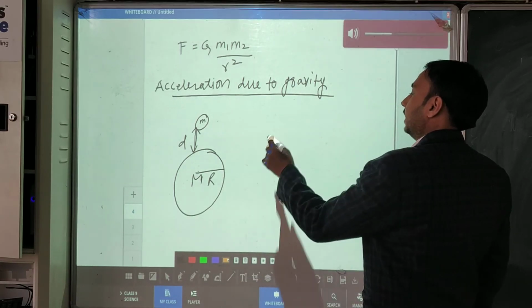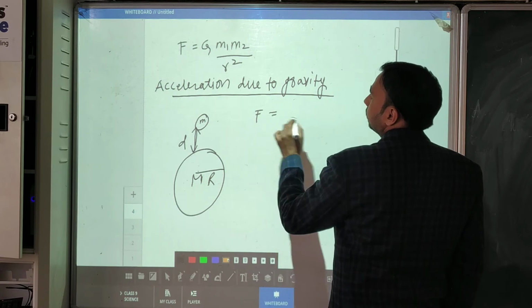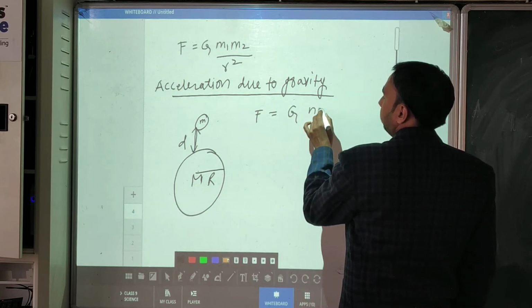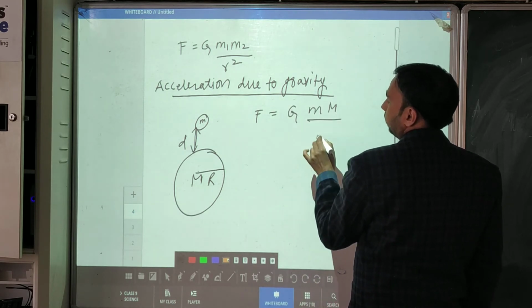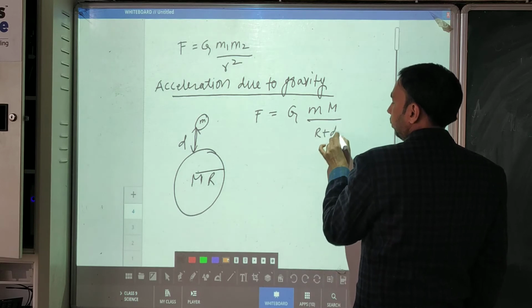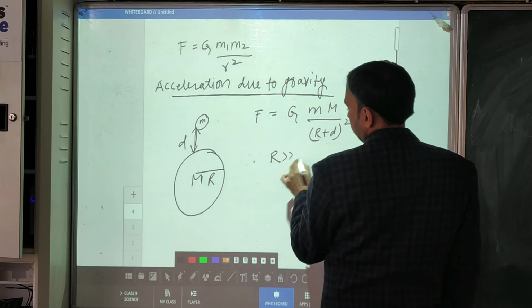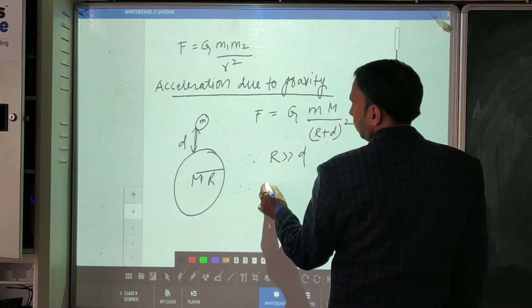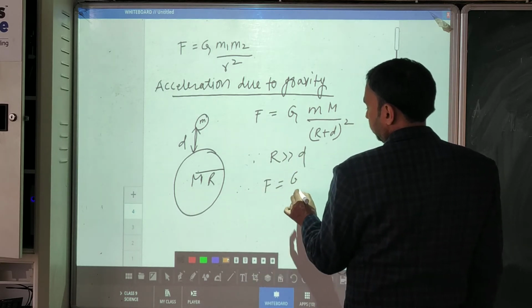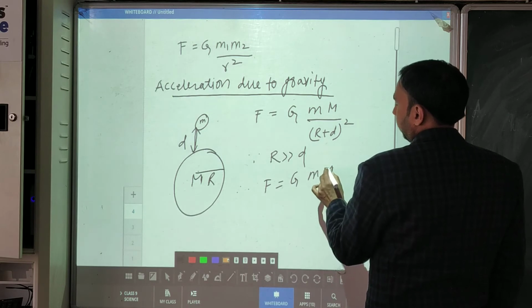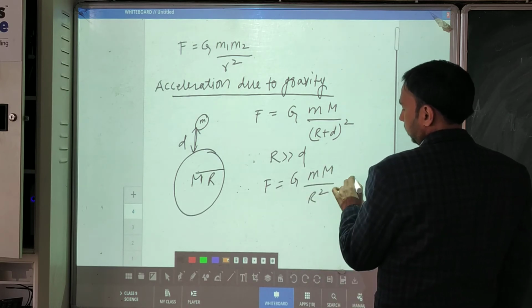So the force acting on the body is G M, where M is the mass of the Earth, upon (r plus d) whole square. Now since r is much greater than d, we have this force as G M m upon r square. This is equation number 1.